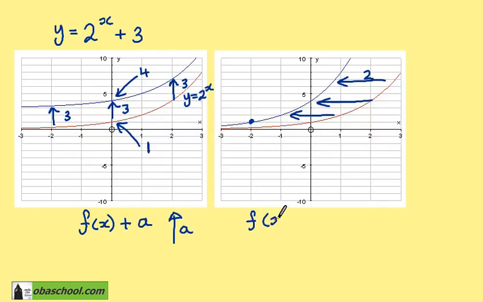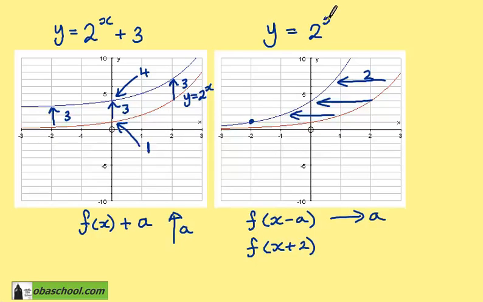F of x minus a is a transformation that moves us a units to the right. So for 2 units to the left, this must be f of x plus 2. So the curve here will be 2 to the x plus 2.